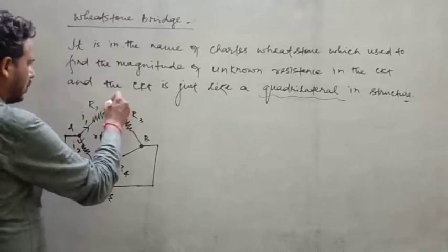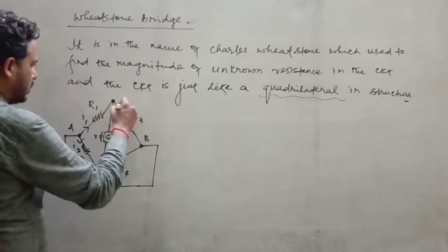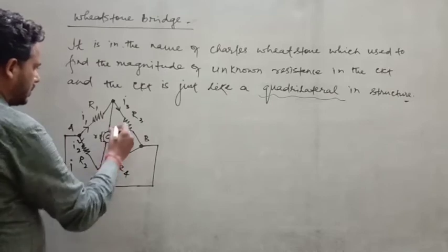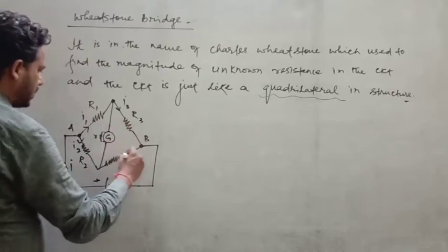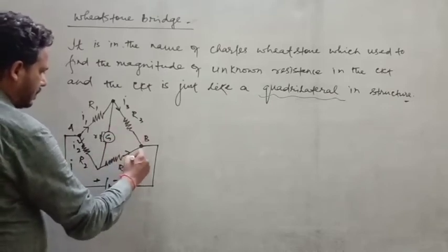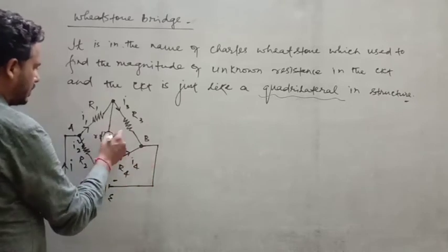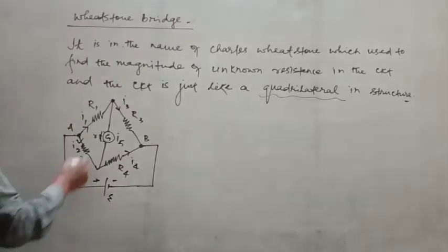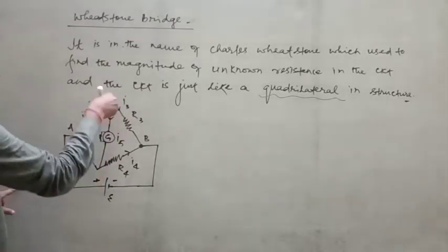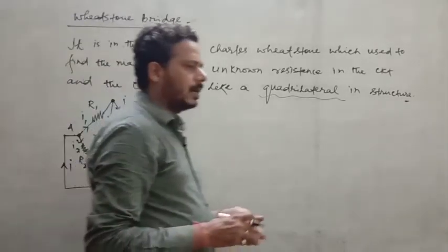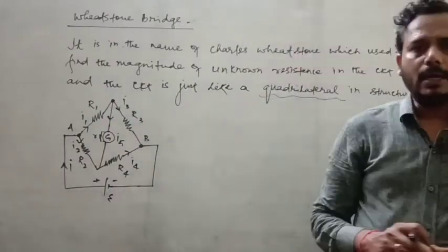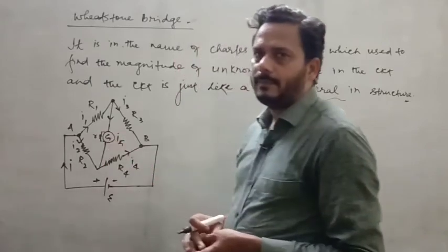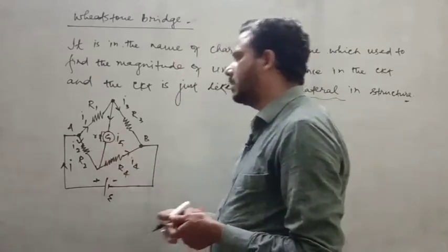At this node, this one is R3 and R4, and suppose here is I5. So I5 is the current passing in this arm where a galvanometer is connected, that will read how much I5 is there due to its internal resistance.